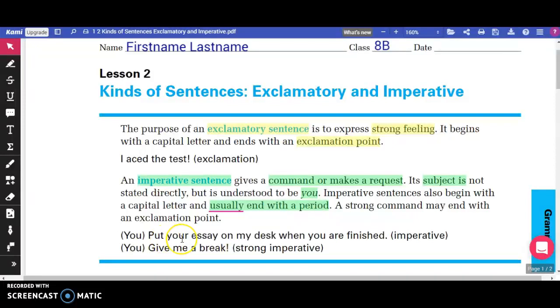Two examples. Put your essay on my desk when you are finished. So the subject is you, the sentence is directed at you, and it's an imperative sentence because it's giving a command or making a request. The next example is, give me a break. Now, the subject is you, it's directed at you, and it's a strong imperative, so it is using an exclamation point.